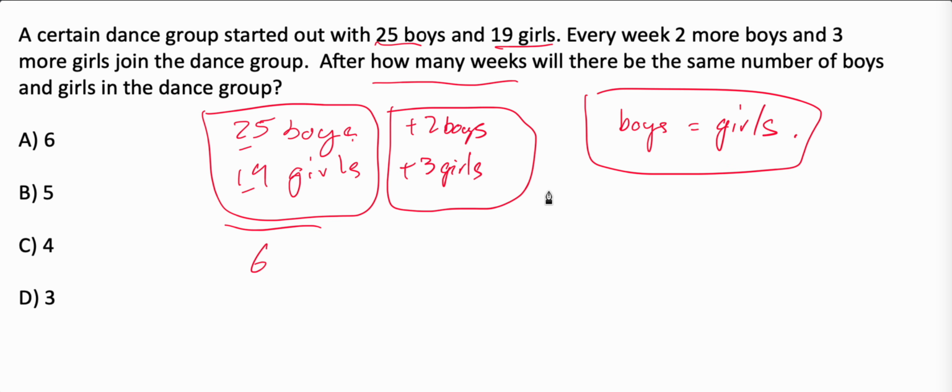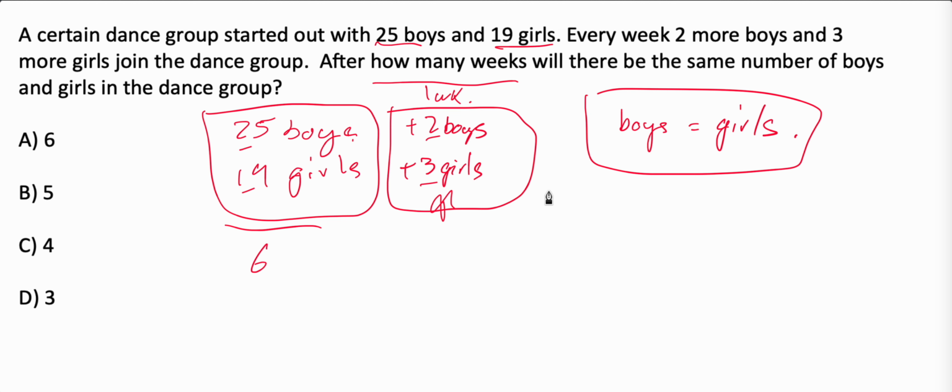Now every week you add 2 boys and 3 girls. So every week the difference between boys and girls is shrinking by what? By 1, because you add only 2 boys, but you add 3 more girls.